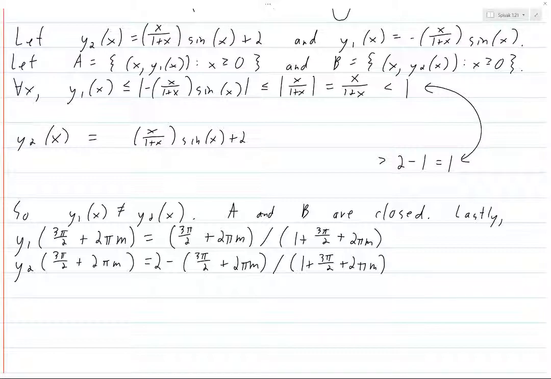Sine of x times x over 1 plus x is going to be greater than minus 1, because sine is greater than or equal to minus 1, and the scalar makes it that. Okay, so yeah.